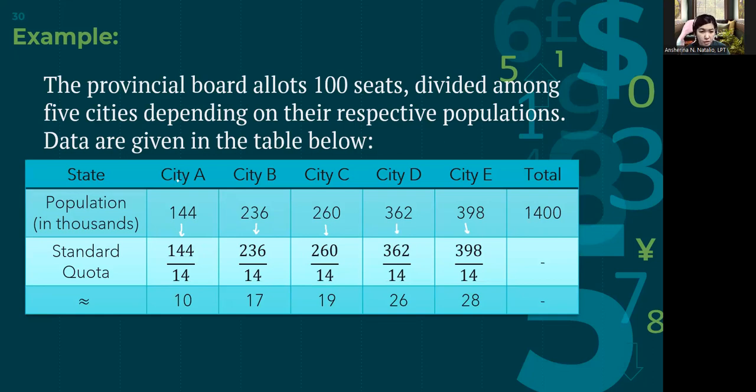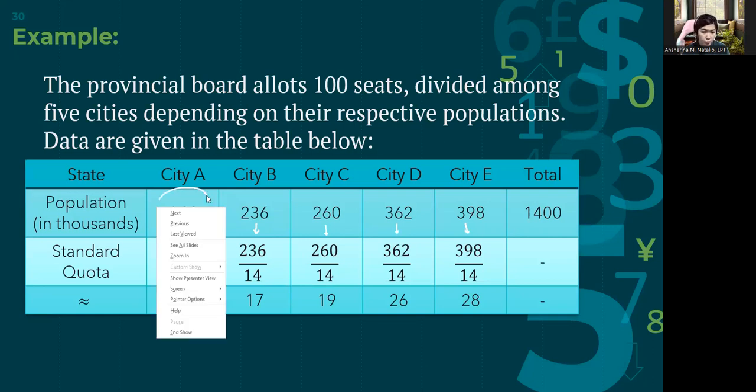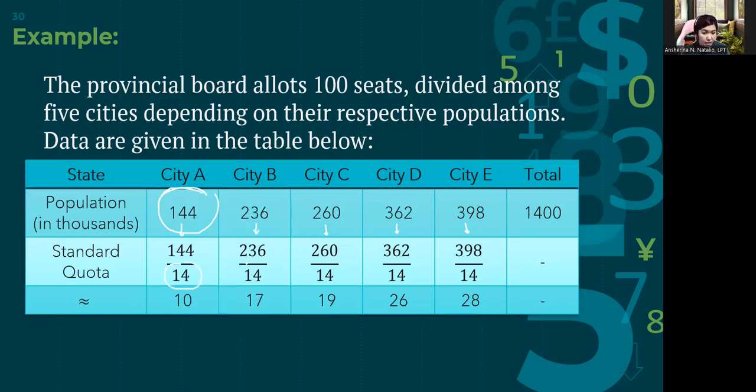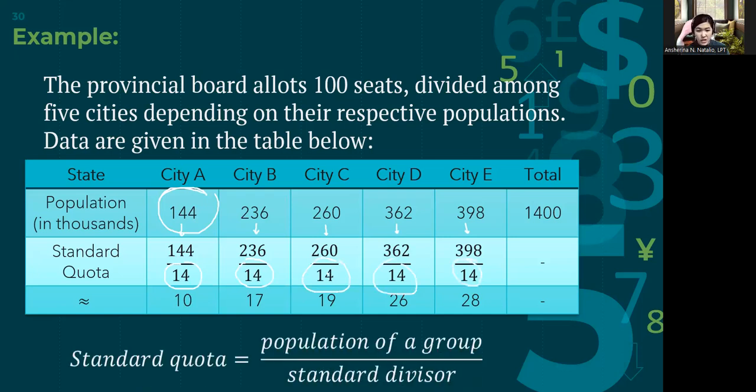Okay, if your answer is the population per city divided by the standard divisor, yung kinompute natin kanina, then you are correct. But in general terms, standard quota is the population of a group divided by the standard divisor.